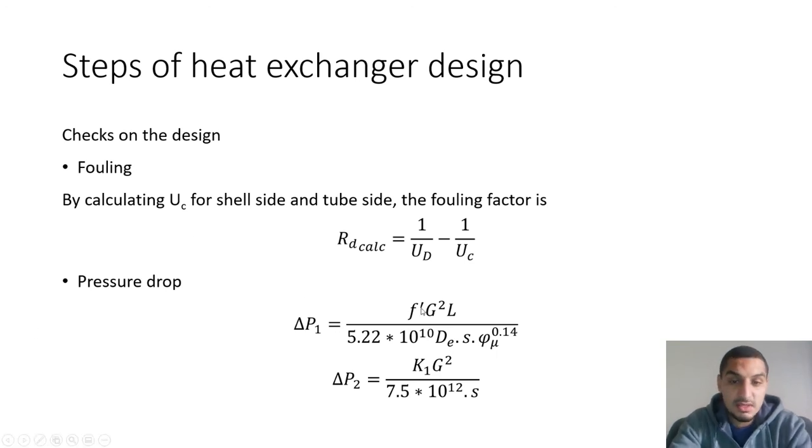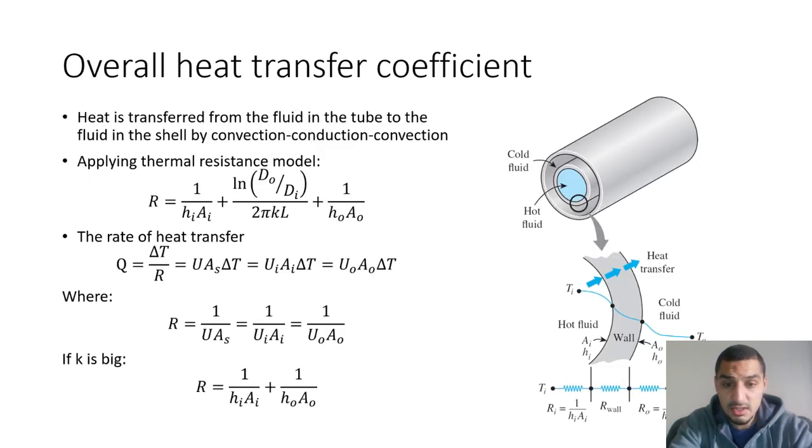To calculate the fouling factor, which is the RD, I have to calculate the U clean, and if you remember, I need to go back here. The 1 over U, which is the U clean, which is not taking into account the fouling, is equal to 1 over hi Ai plus 1 over h out A out.